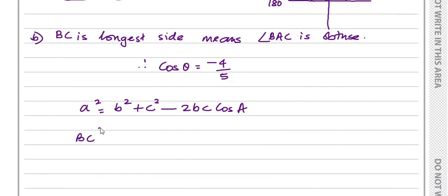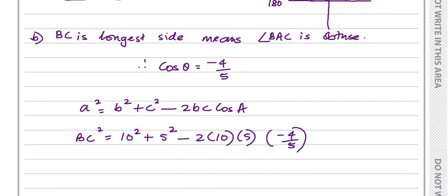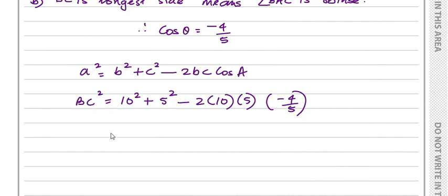So BC square is equal to 10 square plus 5 square minus 2 times 10 times 5 times cos theta, which is minus 4 over 5. Which simplifies to 100 plus 25 minus 100 times minus 4 over 5. Putting this into the calculator, I get 205.